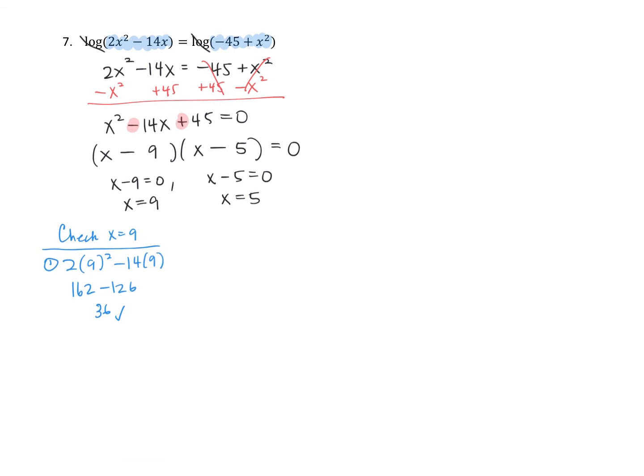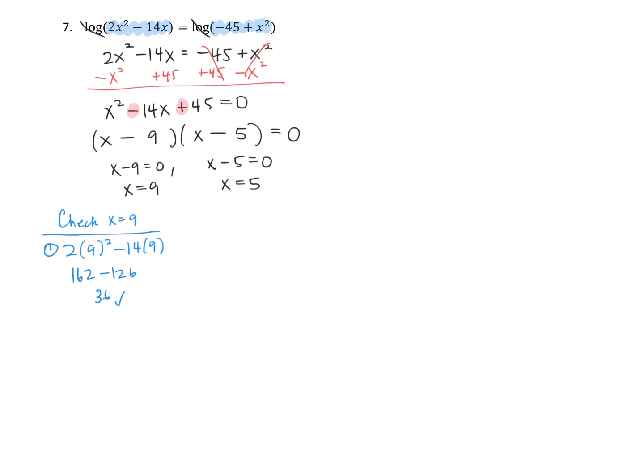Now I'm going to check the second argument, still for 9. So that's going to be negative 45 plus 9 squared. So that's going to be negative 45 plus 81, and that's also going to be positive. So that's going to be 36, so that checks. So x equals 9 is a solution.